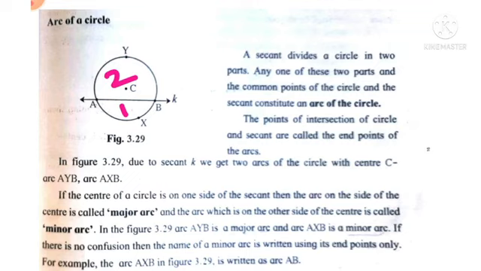So the smaller part is called a minor arc and greater part is called a major arc. See the definition. If the center of the circle is on the side of secant, then the arc on the side of the center is called a major arc, and the arc which is not on the side of center is called a minor arc. Okay, what is the major arc and minor arc? Understand? See, major arc means the arc which is on the side of center.